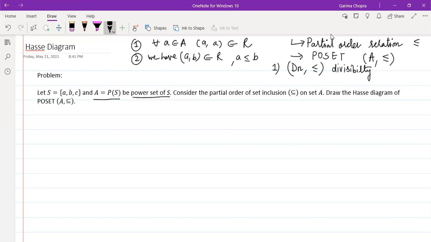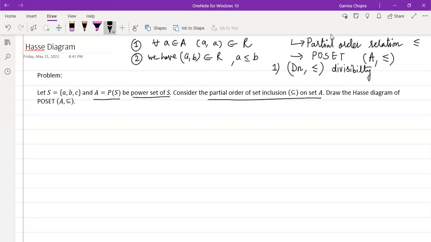Now they are saying consider the partial order of set inclusion on set A.